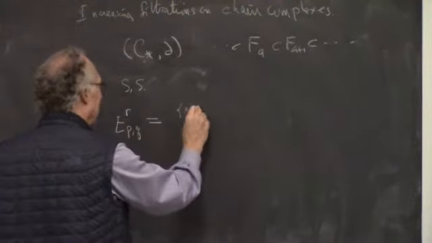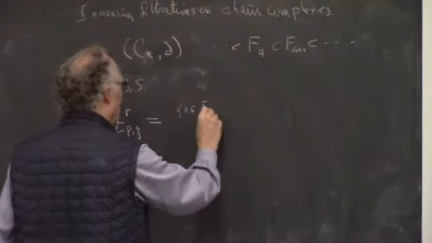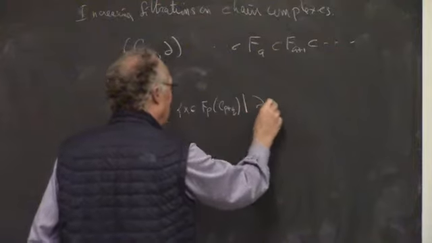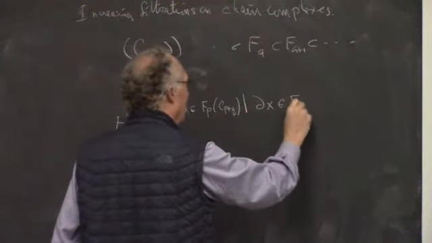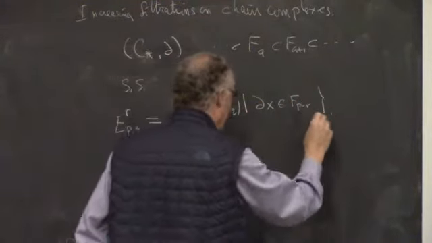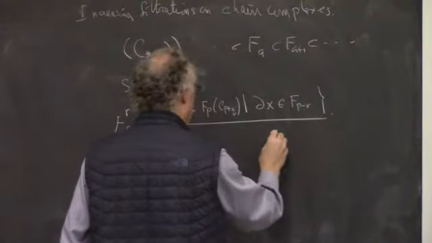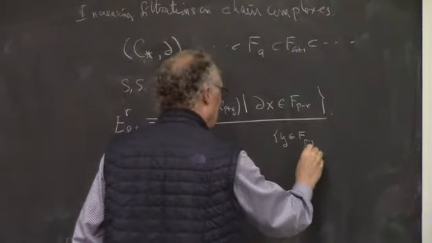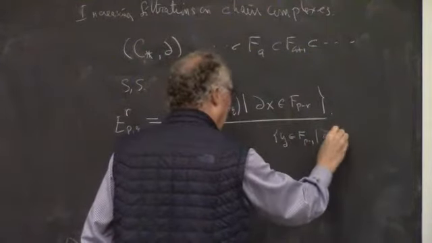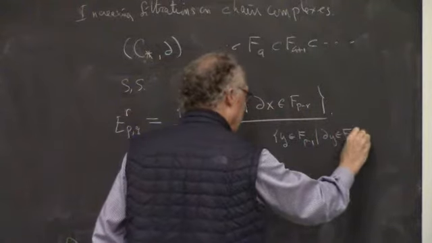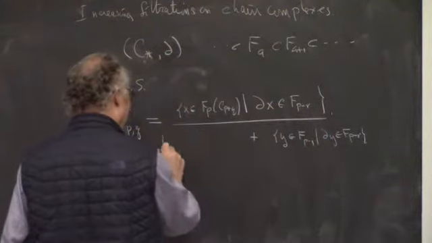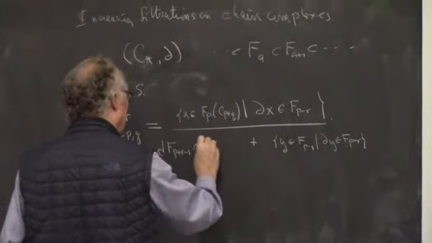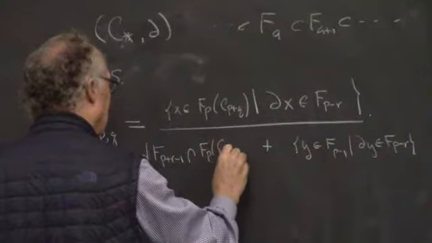It's the x in filtration level p of C_{p+q}, such that the boundary of x is in F_{p-r}, over, again, y in F_{p-1}, so it's the boundary of y is in F_{p-r}, plus d of F_{p+r-1}, and you set F_p and C_p.